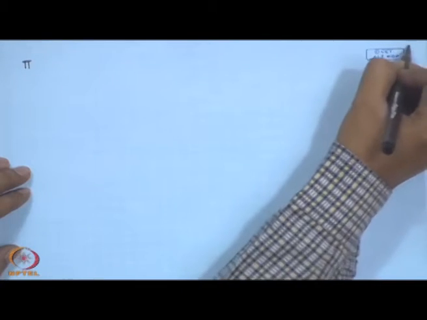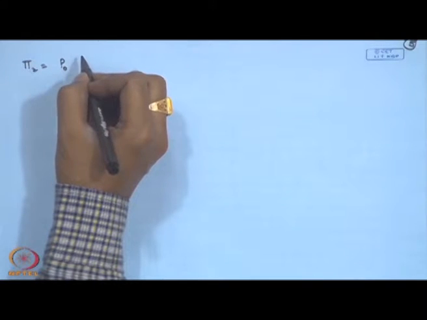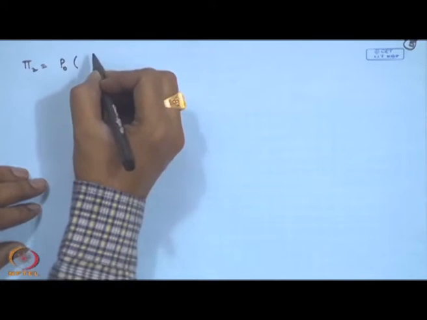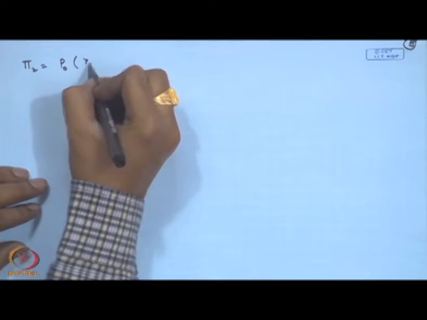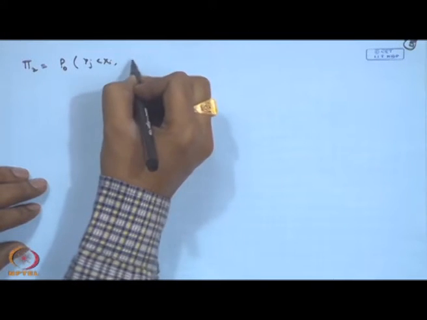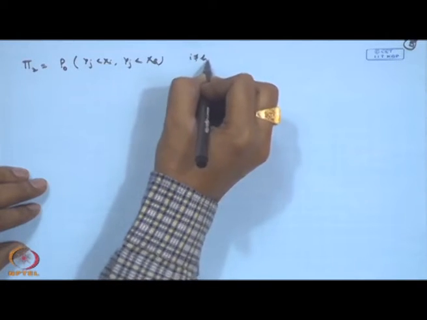Similarly, if we look at pi 2, that is the probability of y j less than x i, y j less than x h, where i is not equal to h.